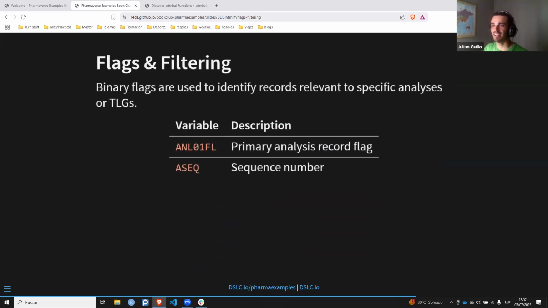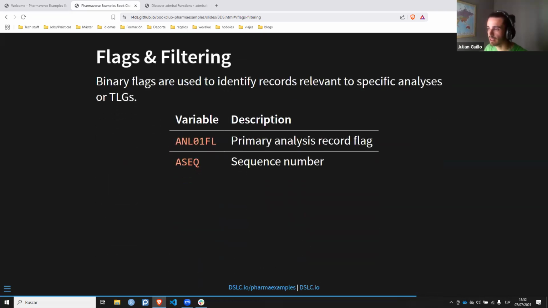Then we have several binary flags just to identify records that are relevant to different analyses or the tables and listings. For example, a sequence number, and a flag that represents the primary analysis record.